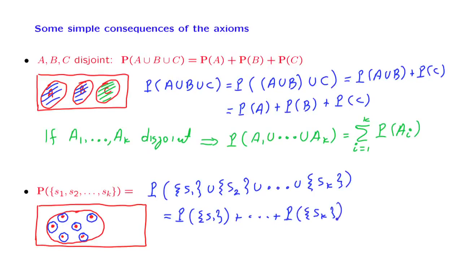At this point, it is usual to start abusing, or rather simplifying, notation a little bit. Probabilities are assigned to sets, so here we're talking about the probability of a set that contains a single element, but intuitively we can also talk as just the probability of that particular element and use this simpler notation.